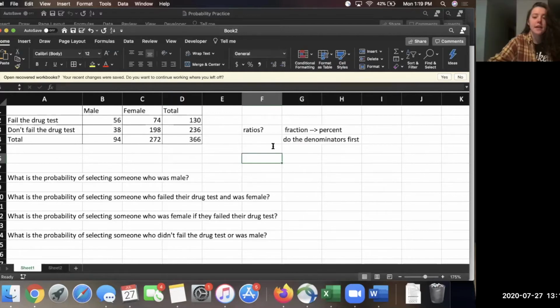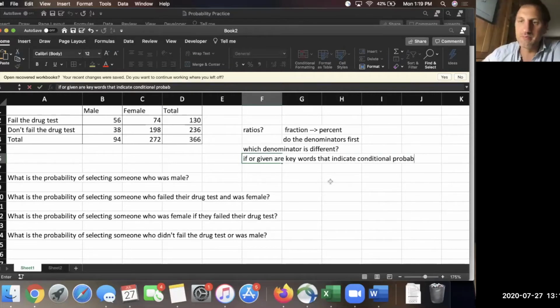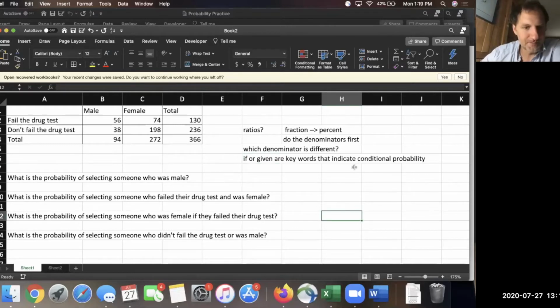I think it was if, right? So if or given are the key words that indicate conditional probability. And conditional probability means we're not looking at the whole table. So can you see which question has if in it? It's the third one, right here.